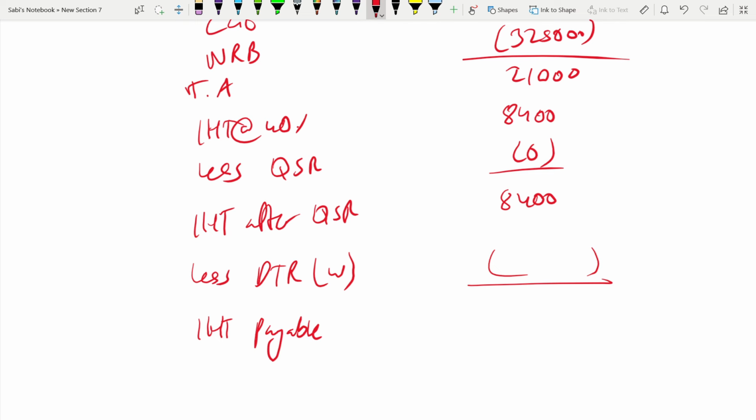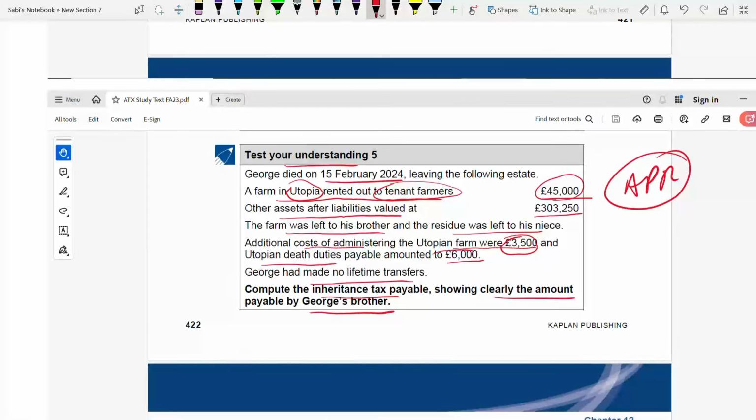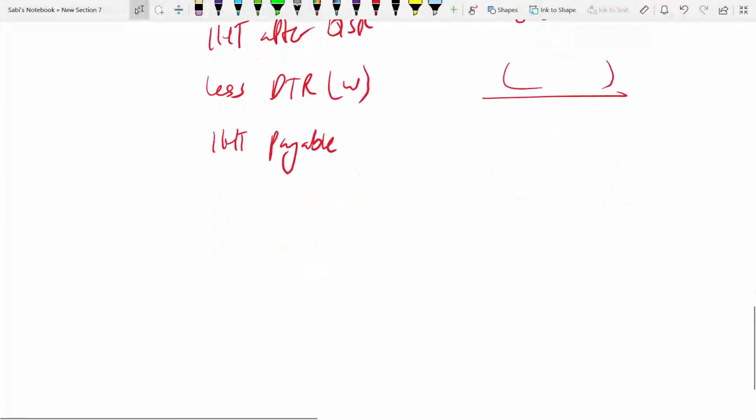So we'll go to the working. Overseas tax suffered, okay? Overseas tax suffered, they've already given 6,000. Ethiopian death duties. Ethiopia. Lower of it. So 6,000 overseas.